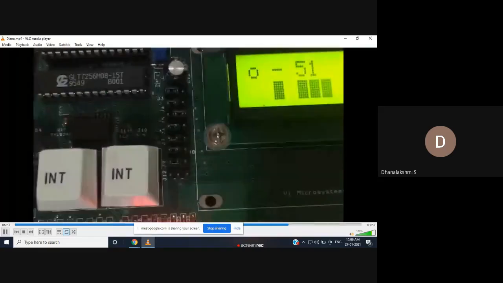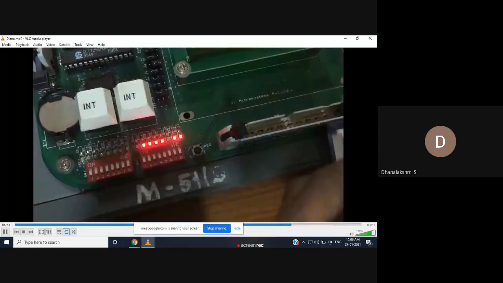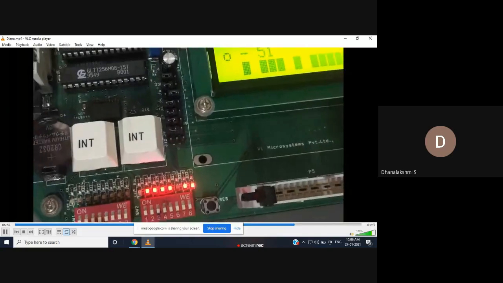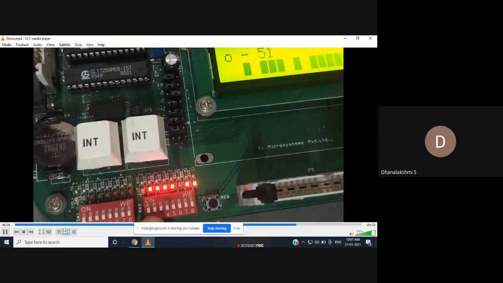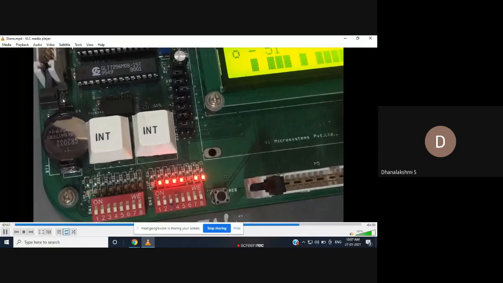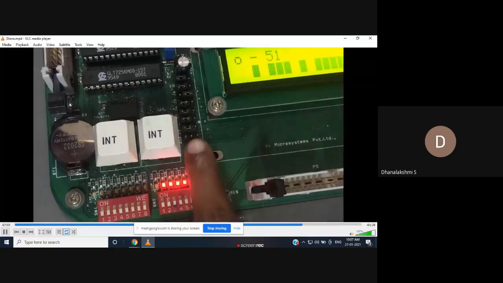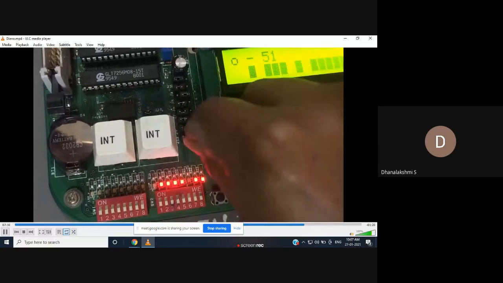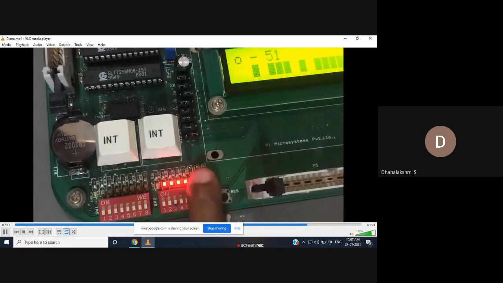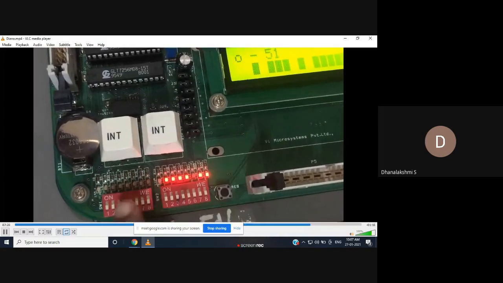So this is the jumper, and if it is connected to 1 and 2, it means that the switch is acting as an input port. So you can directly give the data for programming through these switches. And if it is connected to 2 and 3, like this, it means that the LED is configured as output port, and the respective results can be directly replicated in this LED.